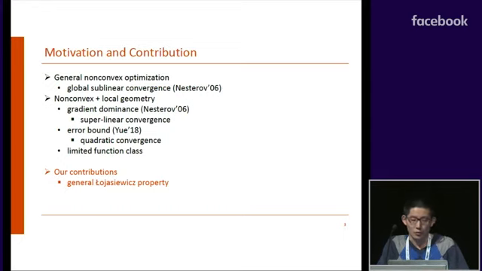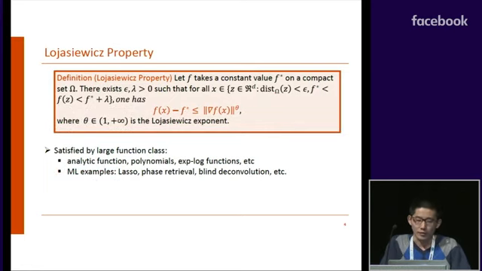In our work, we explore the convergence rate of cubic regularization under the more general Łojasiewicz property of the objective function. The Łojasiewicz property basically says that within a neighborhood, the function value gap is bounded by the gradient norm to the power of theta. Here, theta is called the Łojasiewicz exponent. Many functions have been shown to satisfy this property with different choices of theta.